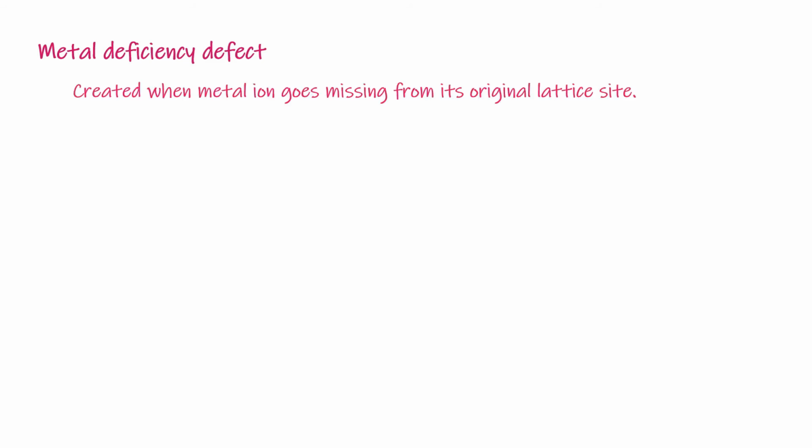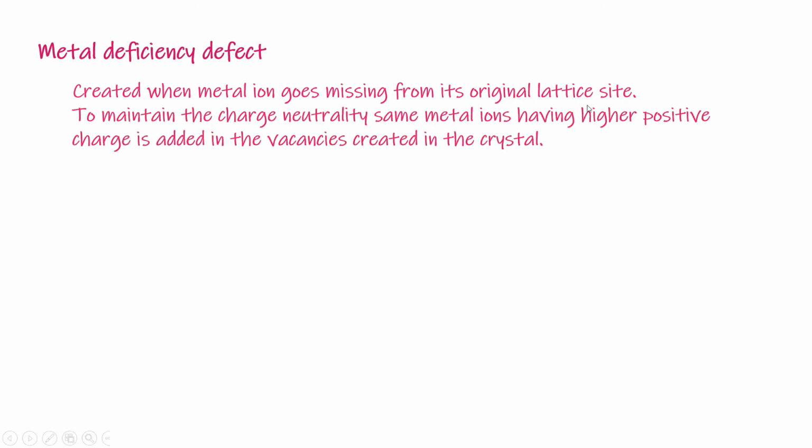Let's see now metal deficiency defect. This defect is created when a metal ion goes missing from its original lattice site. To maintain the charge neutrality, the same metal ion having a higher positive charge is added in the vacancies created in the crystal.